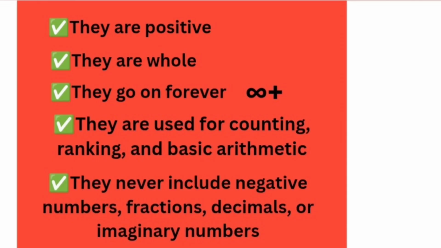They are positive. They are whole. No fractions or decimals. They go on forever, an infinite set. They are used for counting, ranking, and basic arithmetic. They never include negative numbers, fractions, decimals, or imaginary numbers.